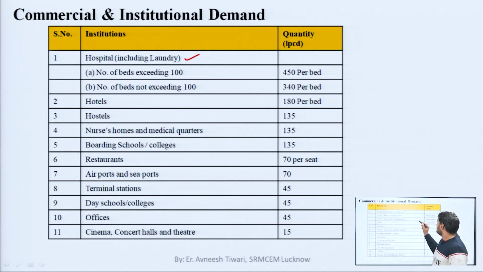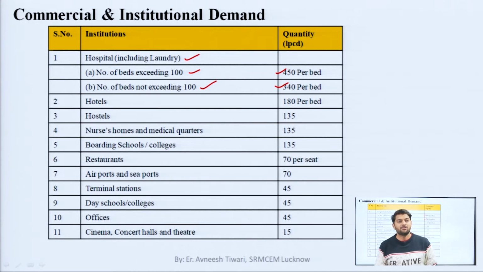Here the consumption of water is 450 per bed or 340 per bed, depending upon the number of beds. If the number of beds in a hospital is more than 100, then the demand will be 450 liters per capita per day, and if the number of beds is less than 100, then the amount of water required is 340 liters per capita per day.